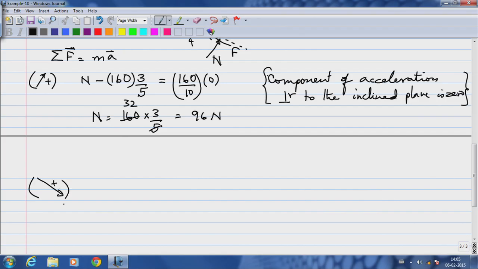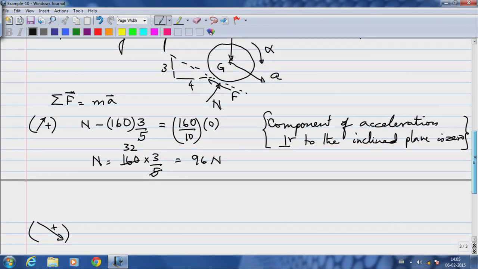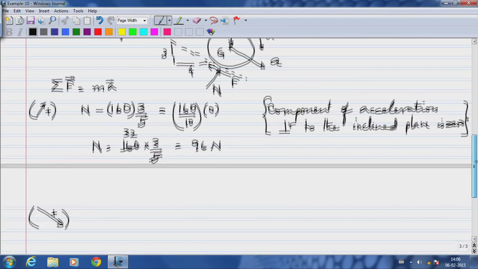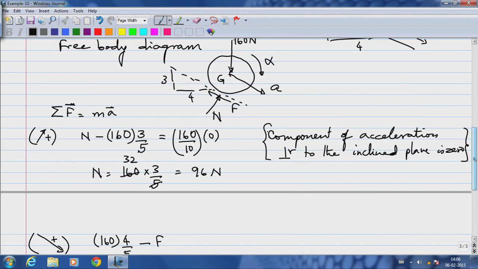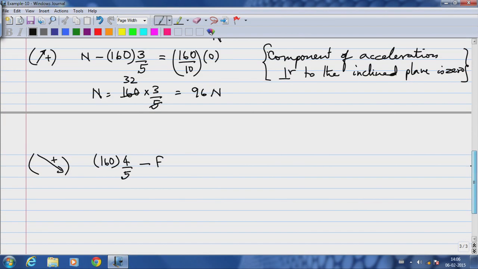Now, taking all the forces down the inclined plane positive. So, this is force balance along the inclined plane. The forces acting along the inclined plane are 160 into 4 divided by 5, which is the component of the weight along the inclined plane, minus F. So, the friction force is acting, we have assumed it is acting up the inclined plane.